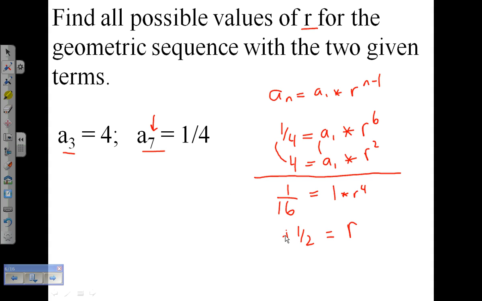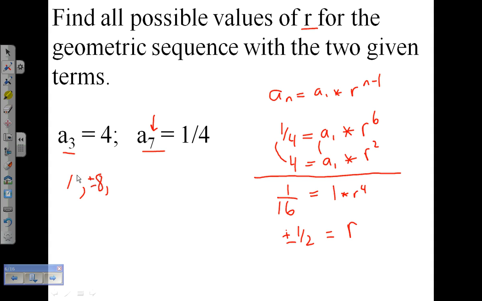I guess it could be plus or minus. Because the first term would have to be, you can either have an 8 or negative 8. You could have plus or minus 8 multiplied by 1/2. So yeah, I'd go with positive or negative. You can make it both work.